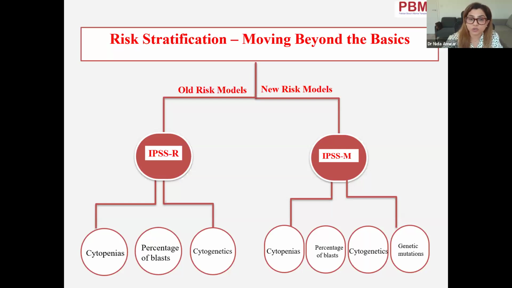But now the world is moving to a newer risk model, which is termed IPSS-M, and that incorporates the genetic mutations in addition to the cytopenias, blast cells, and cytogenetics to provide more refined risk stratification of the disease and treatment plan.